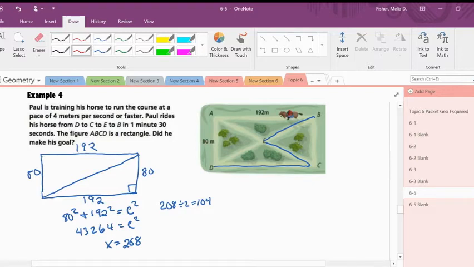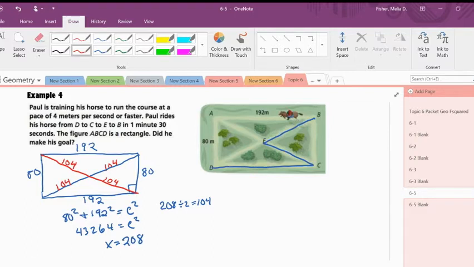So that means if I add the other diagonal, that I've cut this in half, and this is 104, and this is 104, this is 104, this is 104.